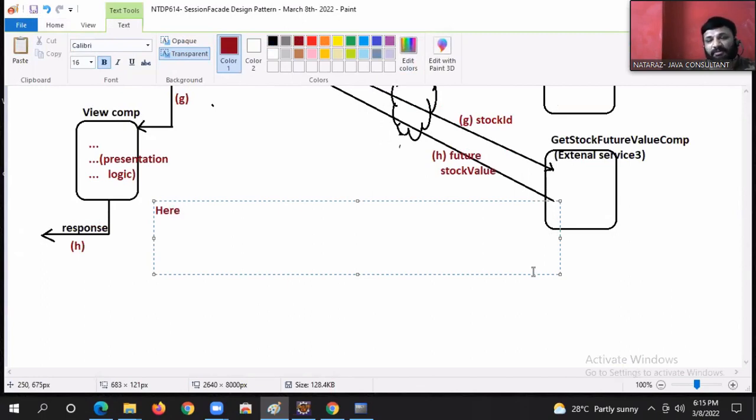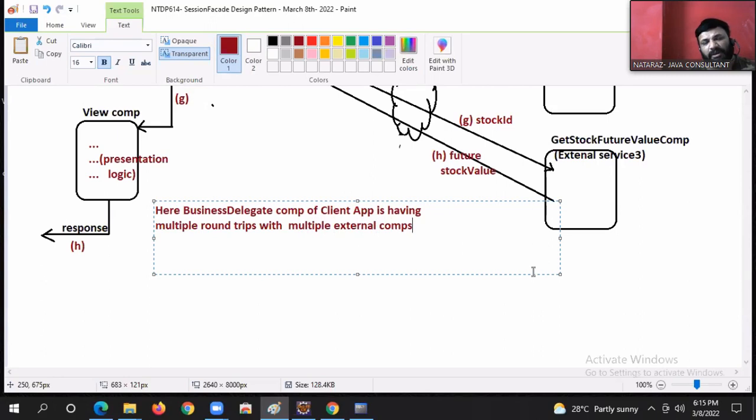Okay. Tell me. Business delegate. The delegate component of the client application is having multiple round trips with multiple external components.